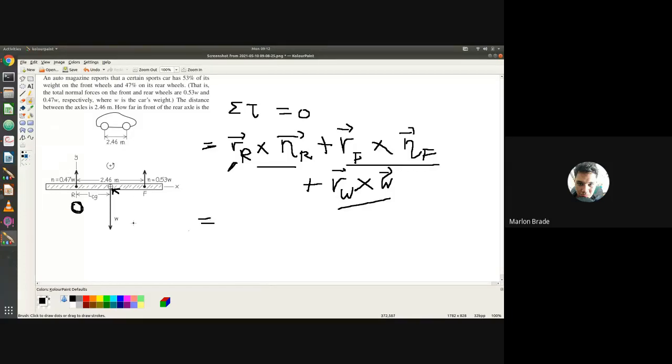I already chose the origin. So where are the rear wheels? At the rear, at the front, or at the center of gravity? So what is the value of the first term?